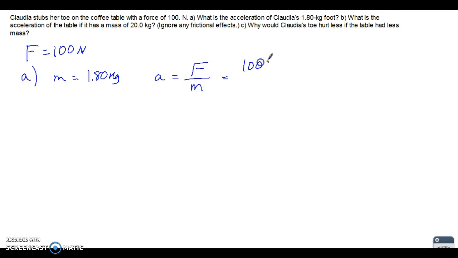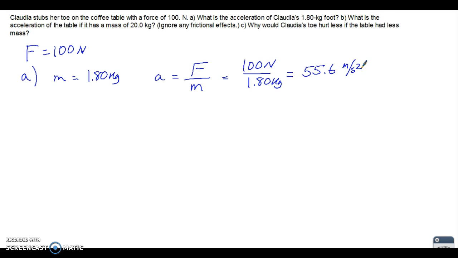100 newtons of force divided by 1.80 kilograms gives us an acceleration of 55.6, and with 3 sig figs because we have 100 and 1.80, that is 5.6 times 10 to the 1st meters per second squared.